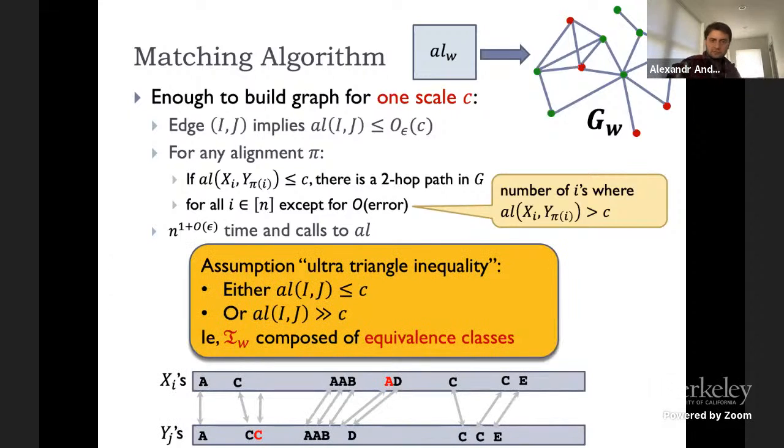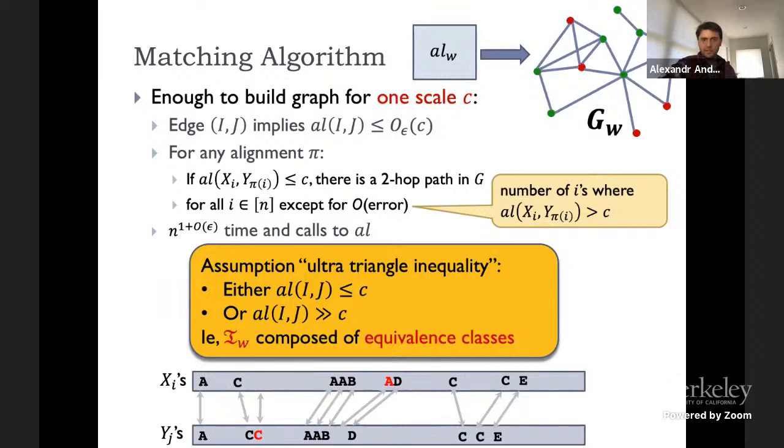And let me introduce an assumption for the rest, I guess, for the next 5 minutes, which I'll call ultra triangle inequality. It is the equivalent of triangle inequality, but it's just pushing it to the extreme.